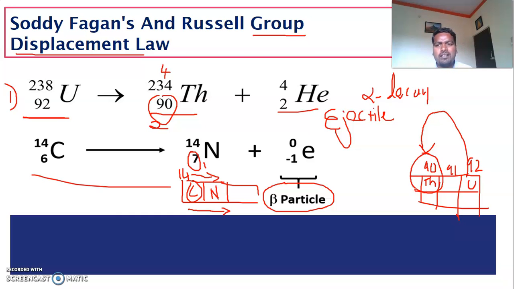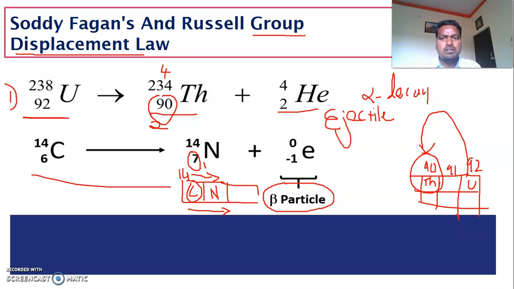So this is called Soddy-Fajans and Russell's group displacement law. It explains how, on undergoing different decay processes, the position of elements shifts either towards left or right.